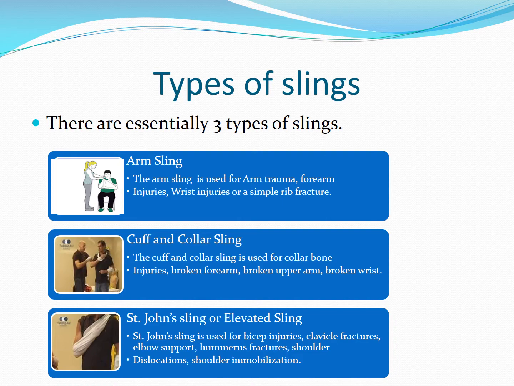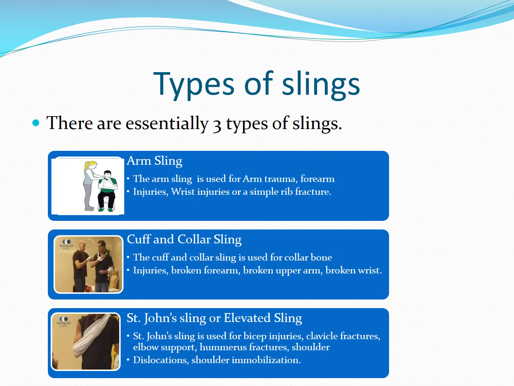There are essentially three types of slings. Number one, arm sling. The arm sling is used for arm trauma, forearm injuries, wrist injuries, or a simple rib fracture.